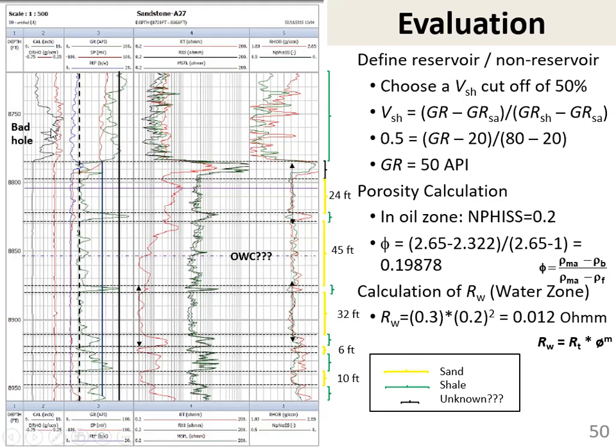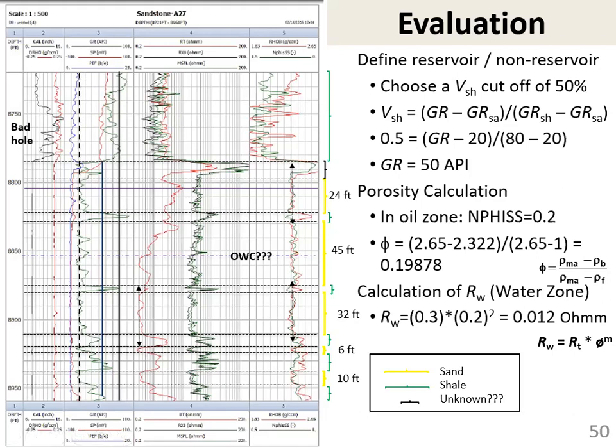That said, we should now recall the steps highlighted in the previous video in going about our interpretation. So the first thing is to define your reservoir and non-reservoir. The next thing is actually to delineate the log into different formations.